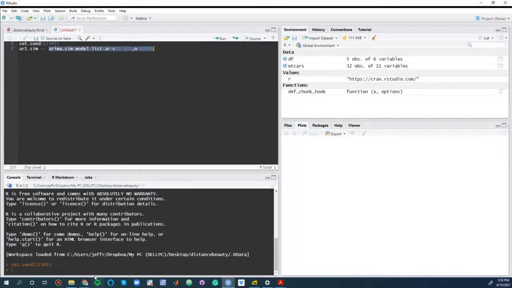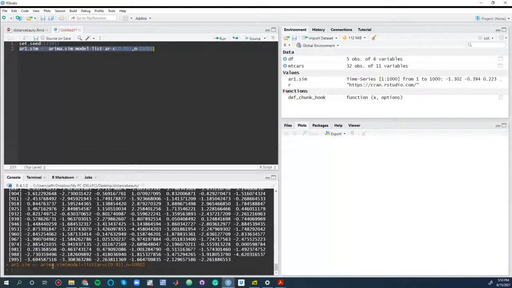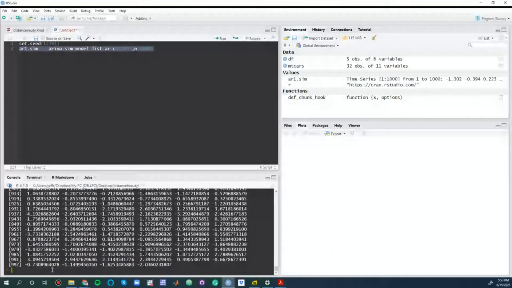Okay, so this will give me a series like this. If I assign this into an object, I could have ar1.sim. It looks like this. Okay, so n equal to 1,000 means I let R run 1,000 observations.